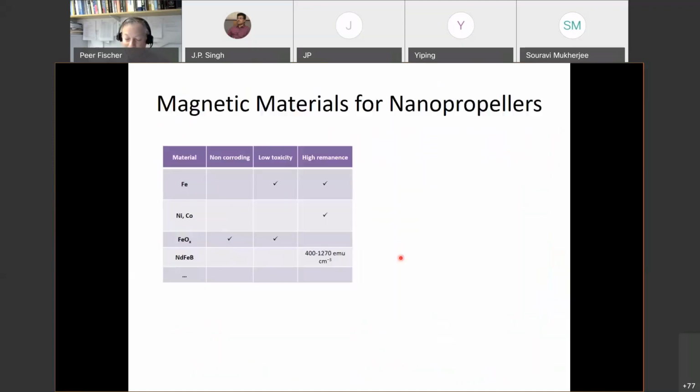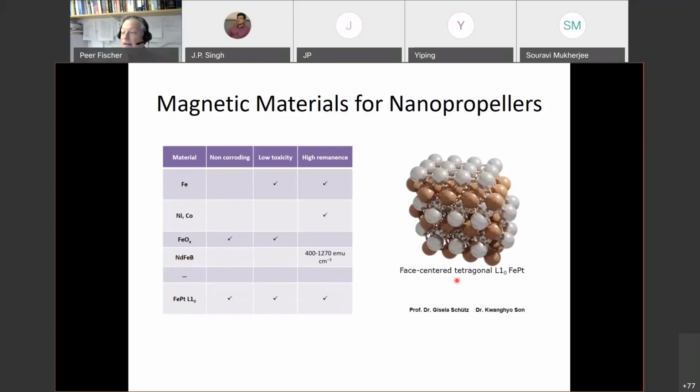But one interesting question that arises is, what about the magnetic material? And we can, of course, use iron, nickel, cobalt, iron oxides, but the strongest magnetic material, neodymium iron boron, we cannot use because we cannot fabricate it with vapor deposition.